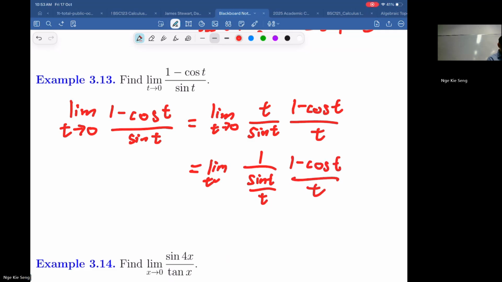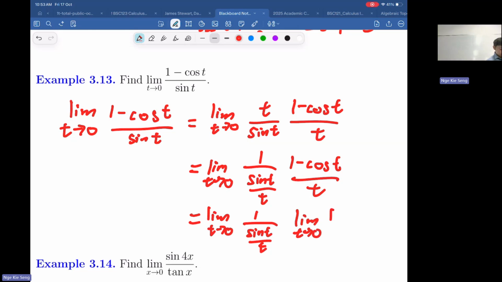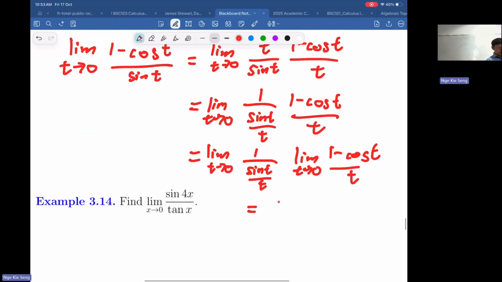We know the limit of these two factors, so we can use the limit law to split it: 1 over the limit of sine t over t, times the limit as t goes to 0 of 1 minus cos t over t. On one side you get 1 over 1, on the other side you get 0, so you get 0.